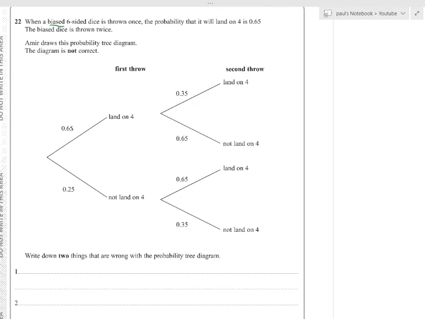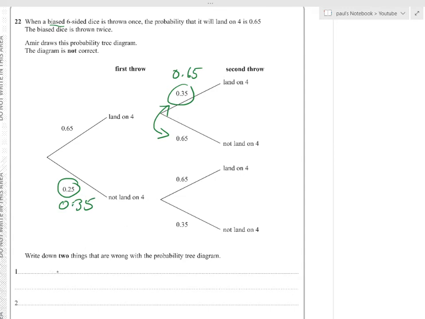It should have been 0.65 for land on 4, so these two are the wrong way round. Not land on 4, land on 4, not land on 4. 0.65 plus 0.8 is only 0.9, so that should have been 0.35 there.